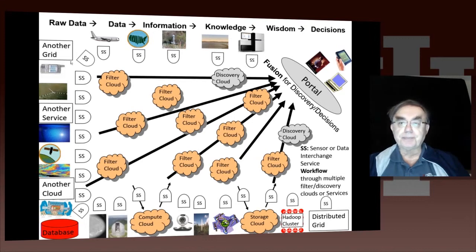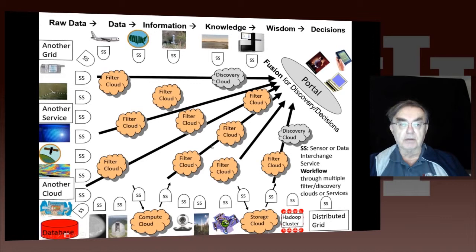And these sensors and other services, and Hadoop clusters, and grids, and compute clouds, and webcams, and telescopes, and databases, large LHC detecting devices, satellites. They pour out data.